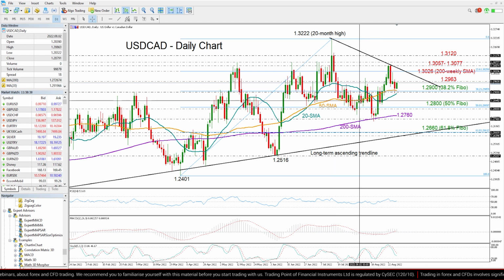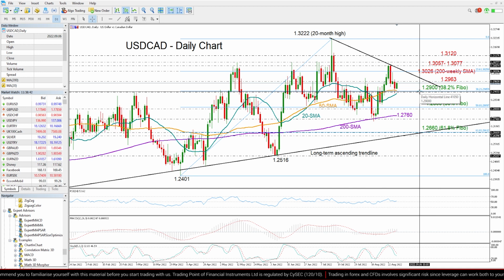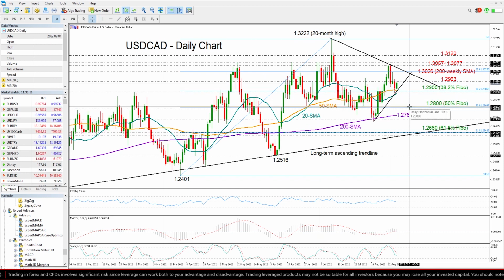Now in the bear scenario, where the price retreats below the 50 and 20-day moving averages, where the 38.2% Fibonacci of 1.29 and that tentative short-term ascending trend line are located, then we will probably see a sharp decline towards the 50% Fibonacci of 1.28.